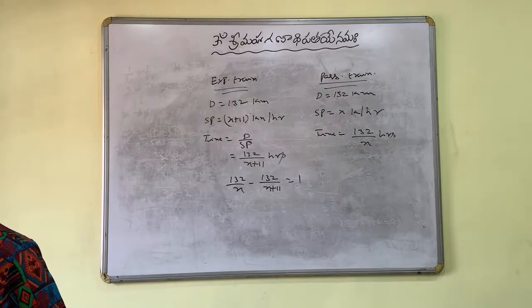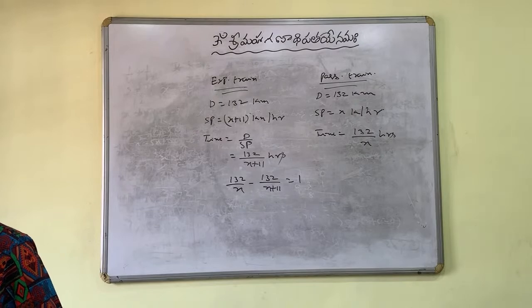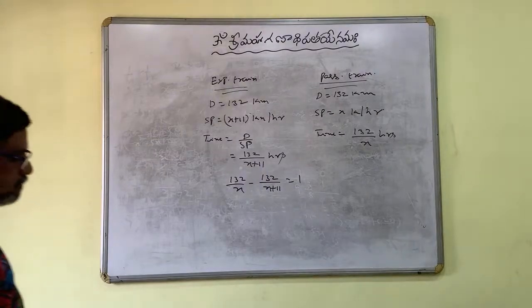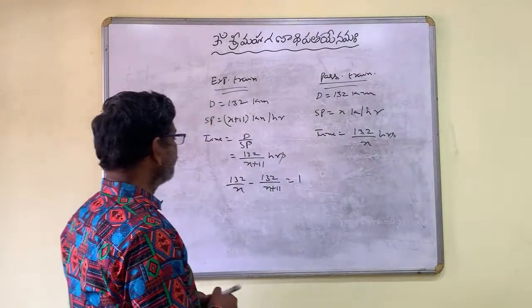Passenger train will take more time, so we write the time of the passenger train first, minus the time taken by the express train second. The difference is 1, the time difference.